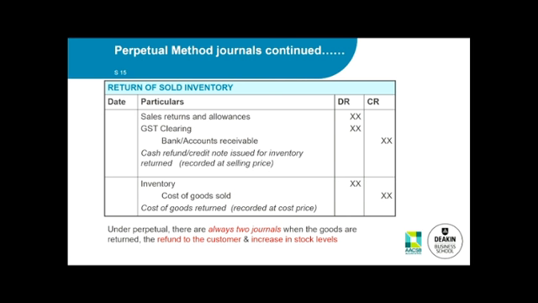And of course, since we get back inventory, we have to either reduce the outstanding accounts receivable account, or we have to pay them back in cash. The next thing we need to do is reverse our inventory transaction. So we need to debit our inventory and credit our cost of goods sold.